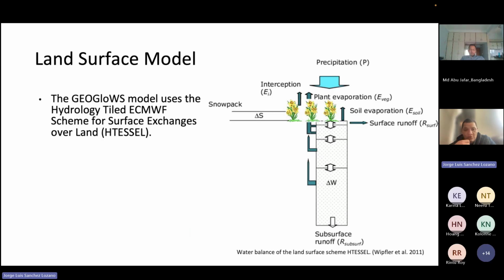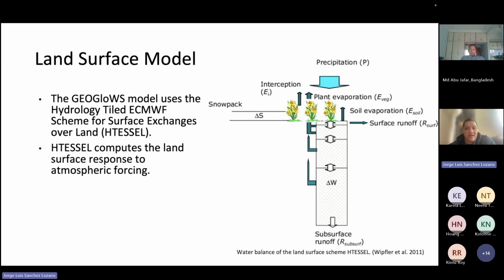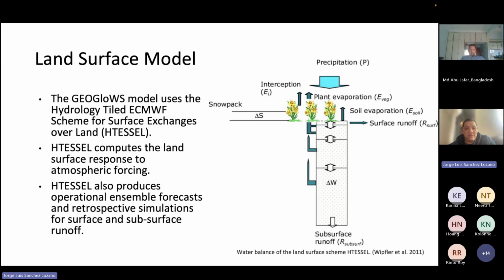In addition, the GEOGloWS model uses the HTESSEL ECMWF scheme for surface exchange over land to compute the land surface response to the atmospheric forcings and to produce operational ensemble forecasts and retrospective simulations for surface and subsurface runoff.